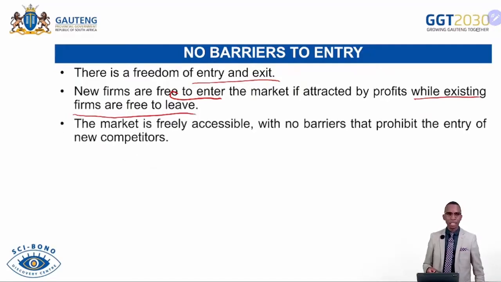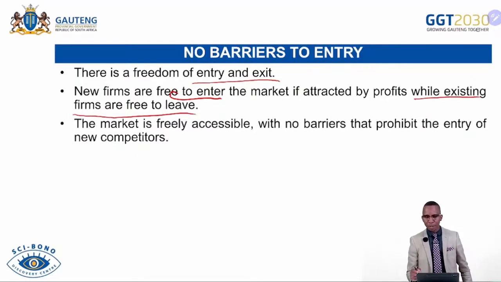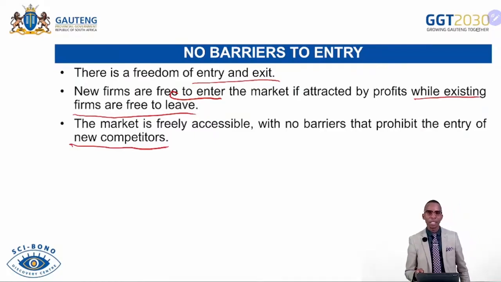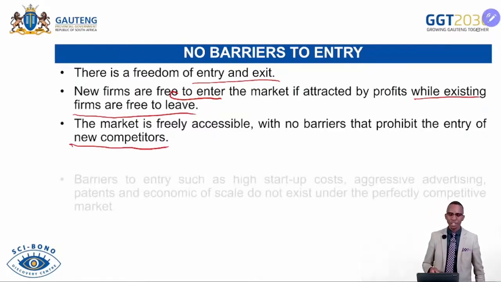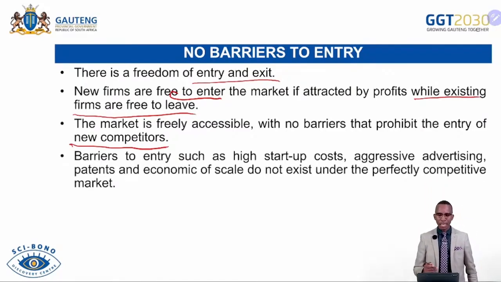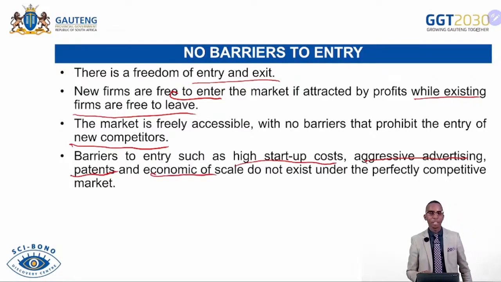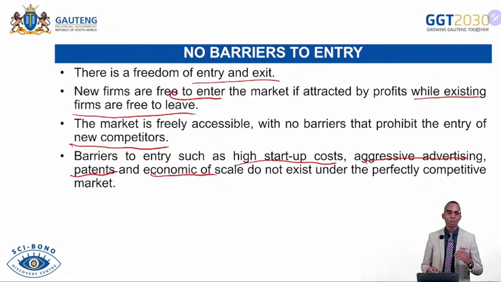The market is freely accessible with no barriers that prohibit the entry of new competitors. So there are no restrictions that are predetermined to prohibit the entry of new businesses. So barriers to entry such as high startup cost of capital, aggressive advertising, patents and economies of scale do not exist under the perfect market. They don't exist to prohibit or prevent the entry of new businesses.